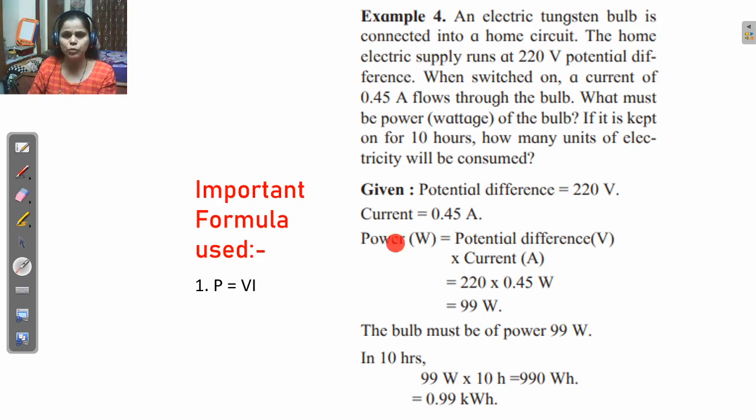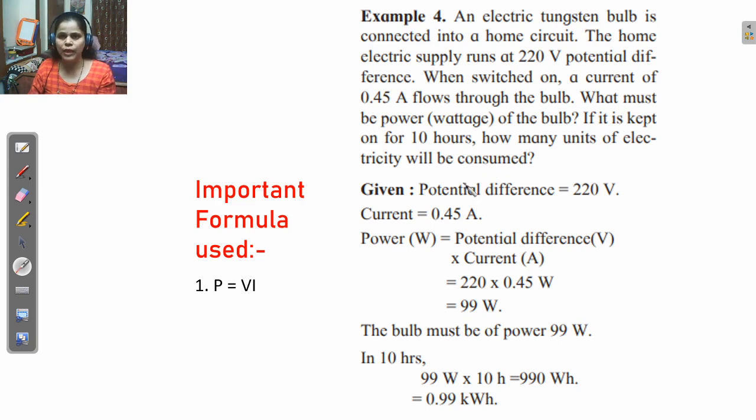So we have the formula power equals to V into I. So V is a potential difference, and I is a current. So potential difference V is 220 into current is 0.45. Then multiply. So we got the 99 watt. The bulb must be of power 99 watt.